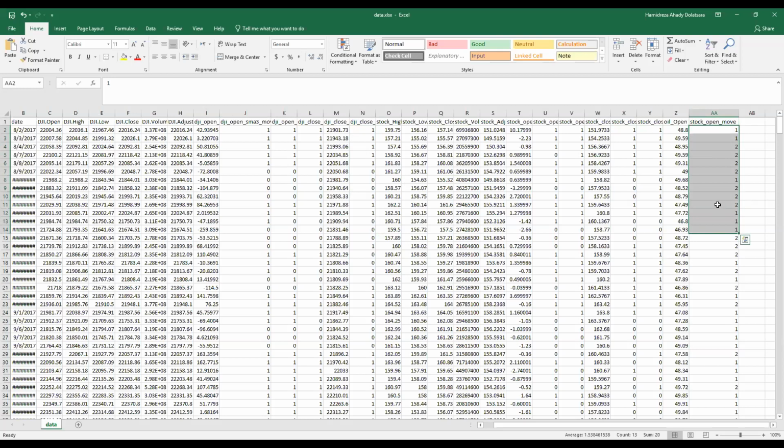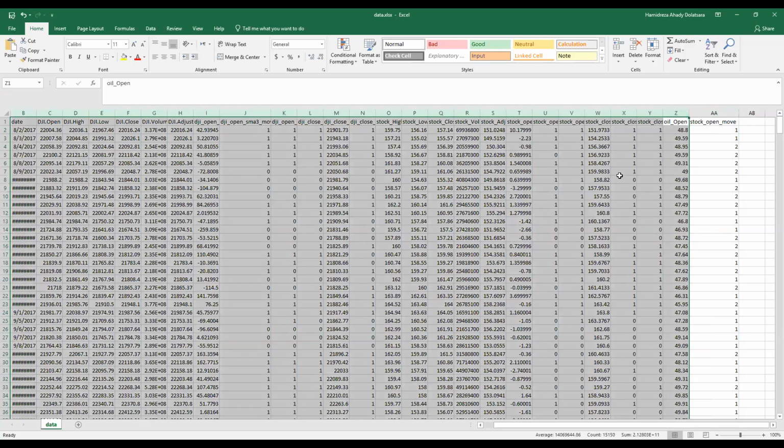So when you do modeling in KNIME or Python, you need to define which variable is numerical and which one is categorical, except for the last variable. You shouldn't define the type of your stock open move, just leave it as it is. But for other variables, when you're using KNIME or Python, you need to define the type.